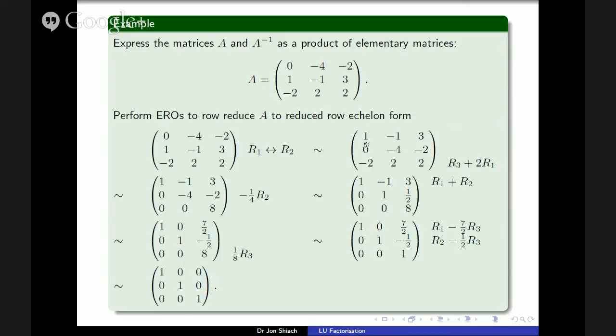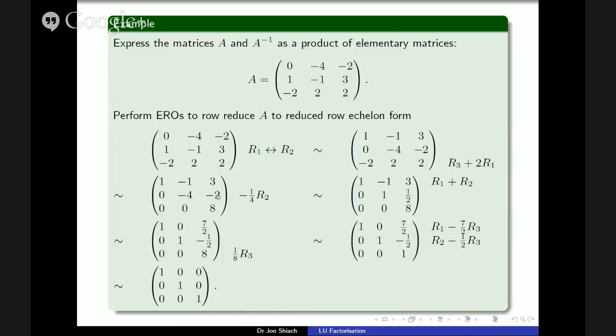Well, 2 lots of 1 gives me +2, and if I add to -2, I get 0. Essentially what you're multiplying row 1 by is -2 times 1, and you normally subtract that. So row 3 minus -2 over 1 times row 1 gives me this here. As you can see, I have zeros underneath. That's my first pivot row done.